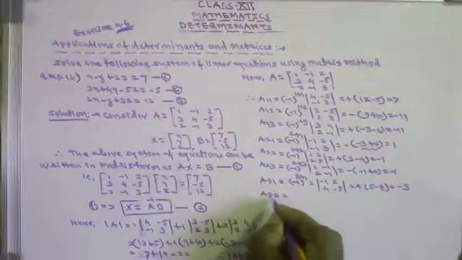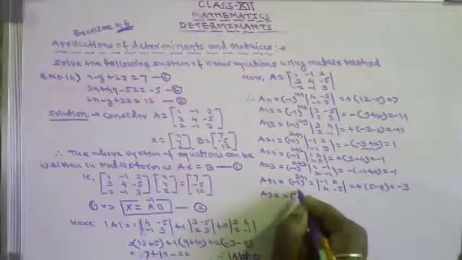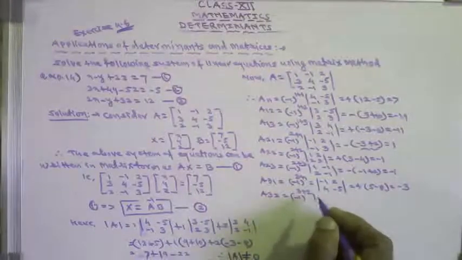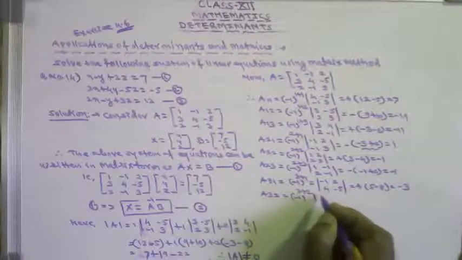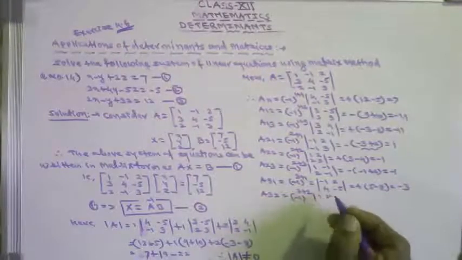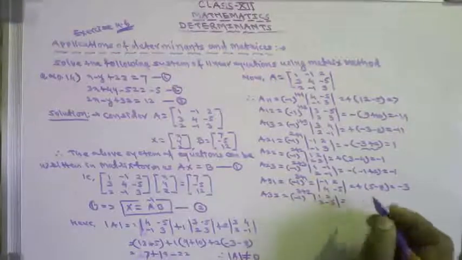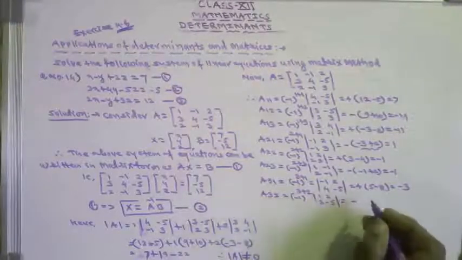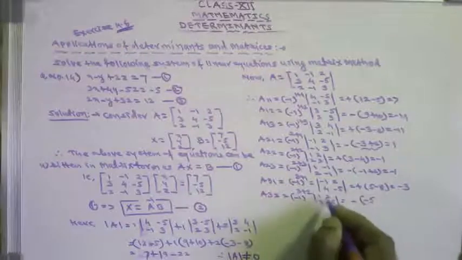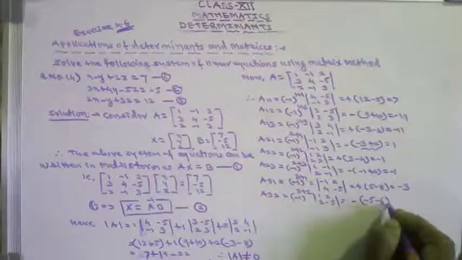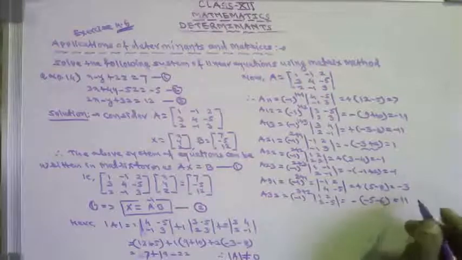A32: this 3 plus 2, minus 1 raised to the power 3 plus 2, A32, so 1 2 1 2 3 minus 5, so this will be minus 5 minus 6, so that is 11.